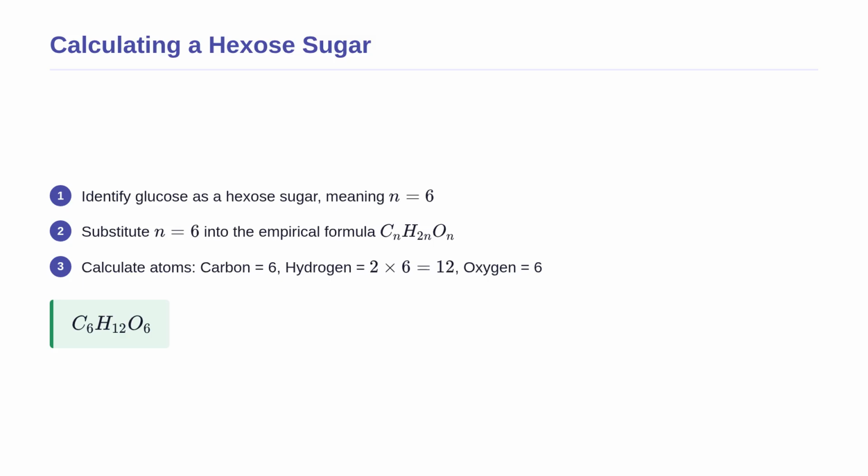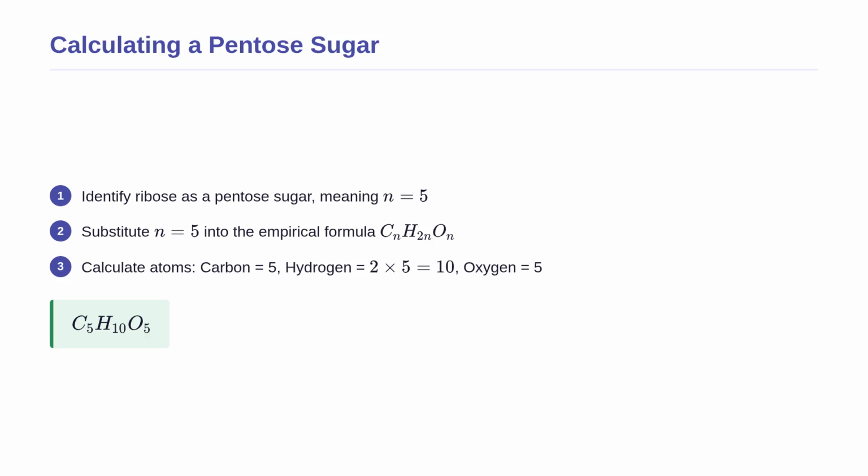We set our variable N equal to 6. By substituting 6 into our general equation, we multiply the hydrogen count by 2, giving us 12 hydrogens. The oxygen count remains 6. This gives us the final chemical formula for glucose, which is C6H12O6.